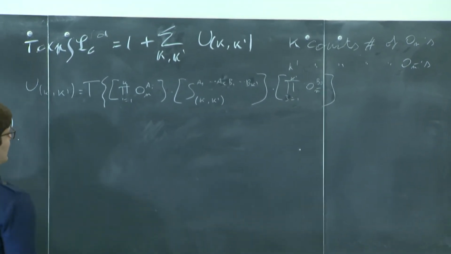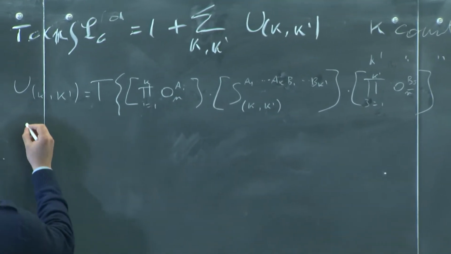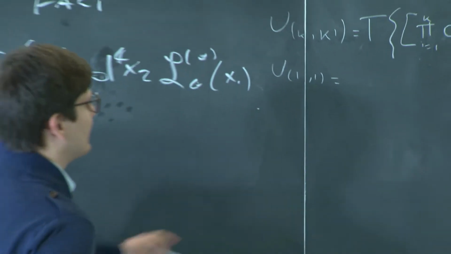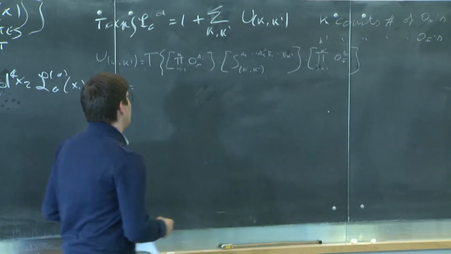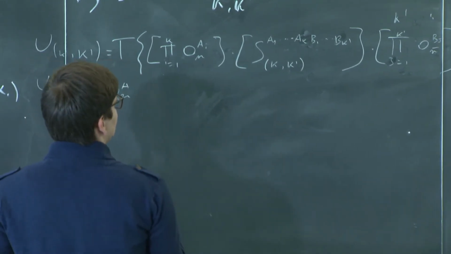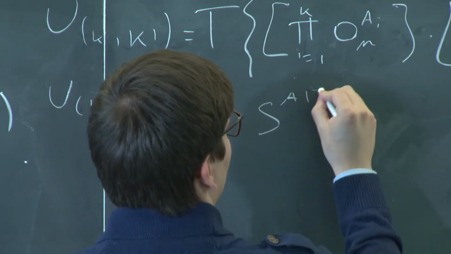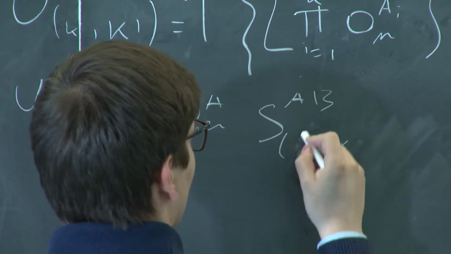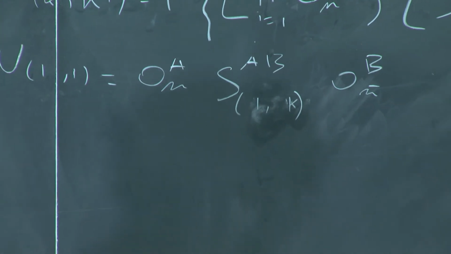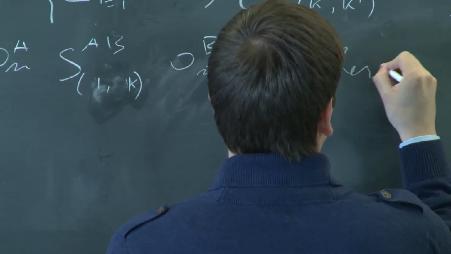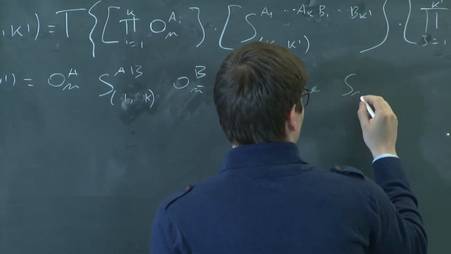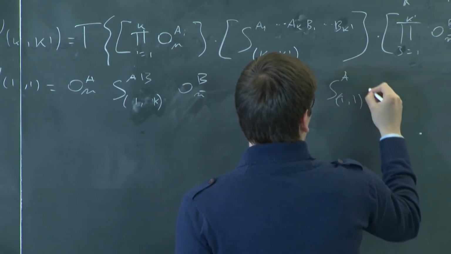And okay, so the first non-trivial term of this series is going to be U_11, when I just get one operator on each side, and this is going to be something like O_n A, S_AB, O_n bar B, where the soft operator that is gluing these two, O_n and O_n bar, is S_11^AB.